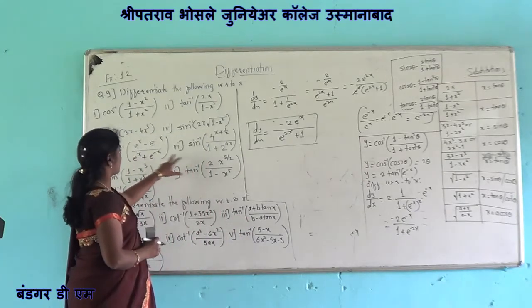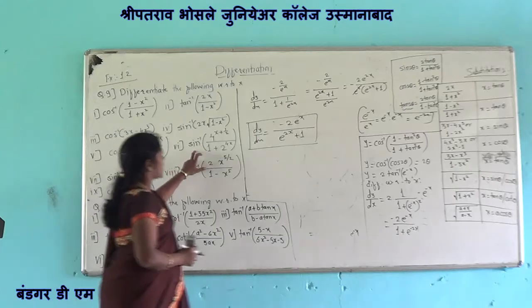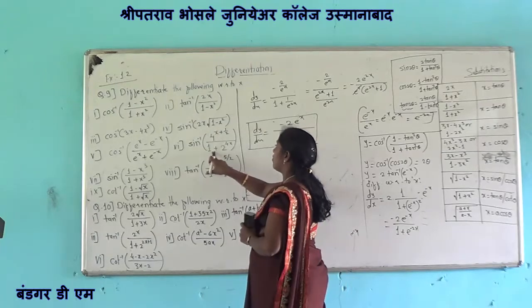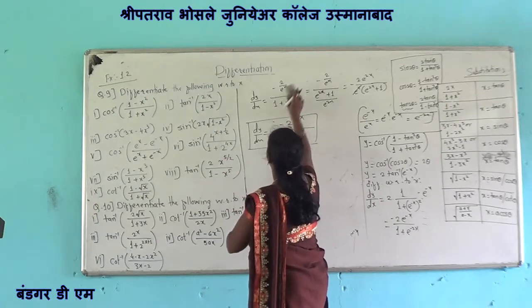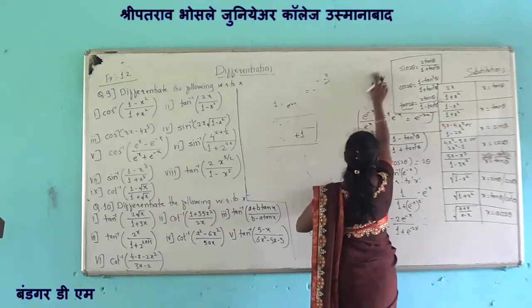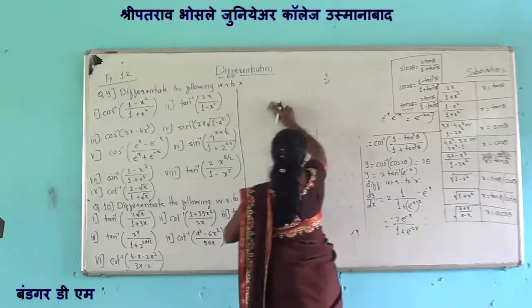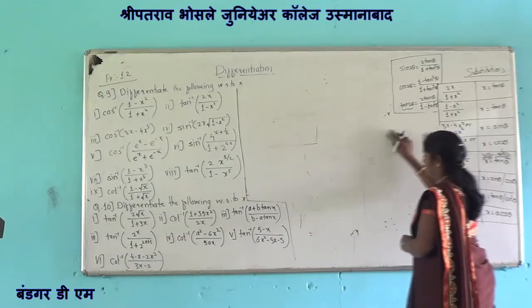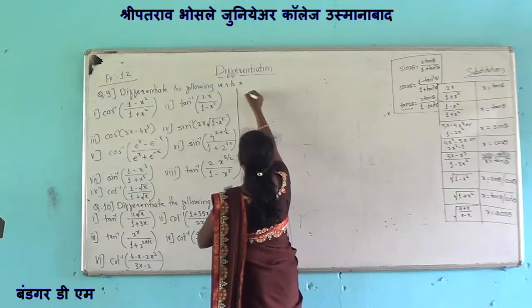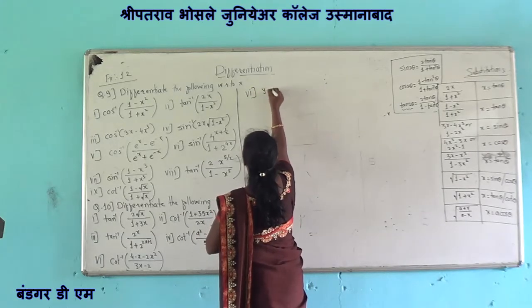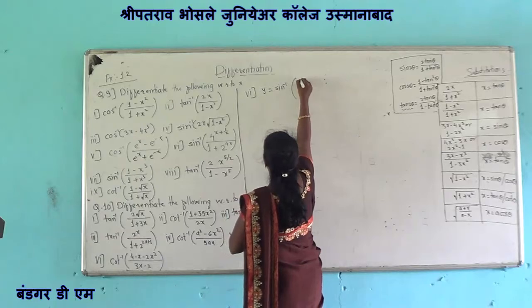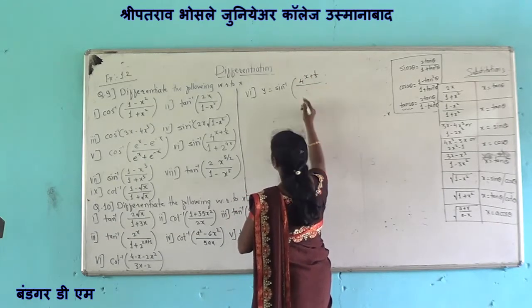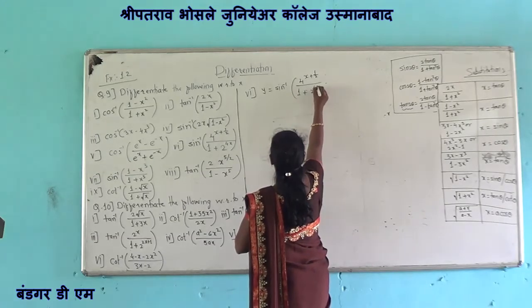So, next example, the sixth example: y is equal to sin inverse of 4 raised to x plus 1 by 2 upon 1 plus 2 raised to 4x.